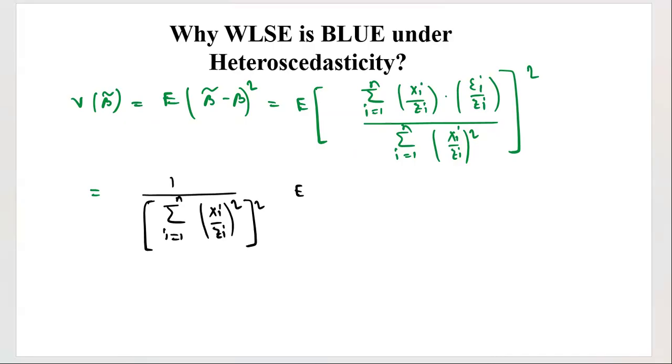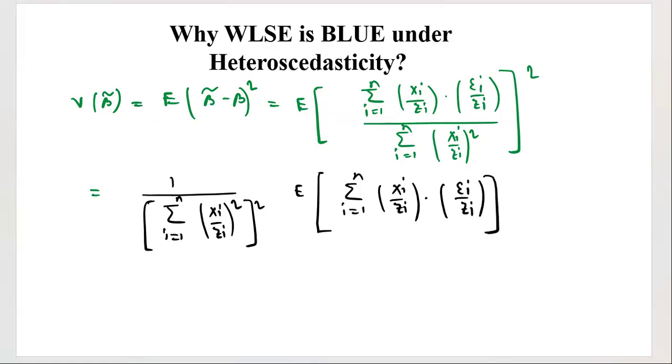And then the expectation of summation i from 1 to n, xi upon zi, epsilon i upon zi, and a whole square. So now you can take the square individually. Here you have this into this and whole square of that, so you can apply this whole square inside. So here you will have a square, here you will have a square.